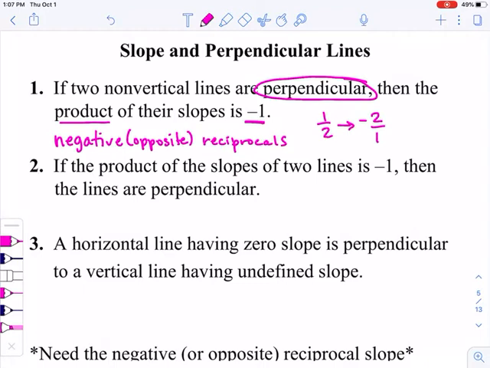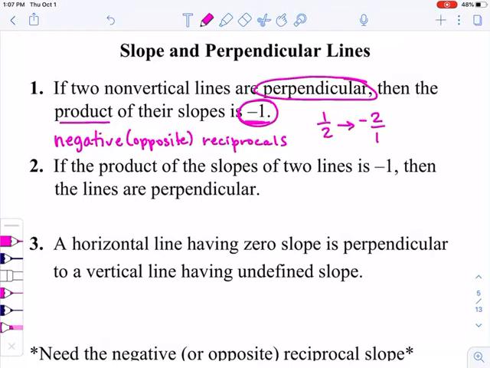So when you learned about perpendicular lines, you would have learned the phrase negative reciprocal or maybe an opposite reciprocal. What you do is you take the slope, you invert it, so flip it, and change it to the opposite sign. So if we take 1/2 and multiply by -2/1, that's where they're getting this product is -1. It says if the product of the slopes of two lines is -1, then the lines are perpendicular.